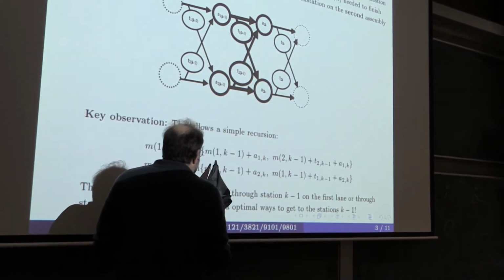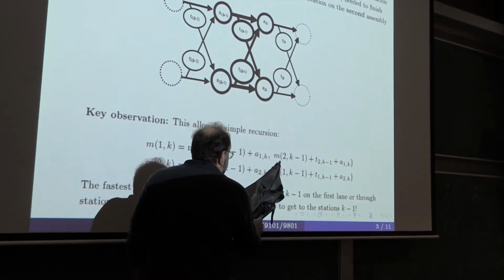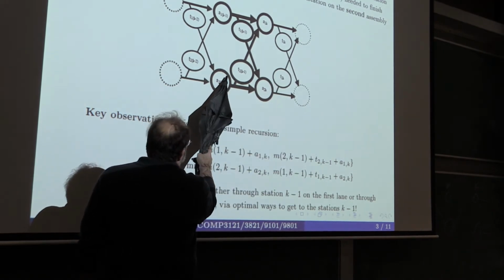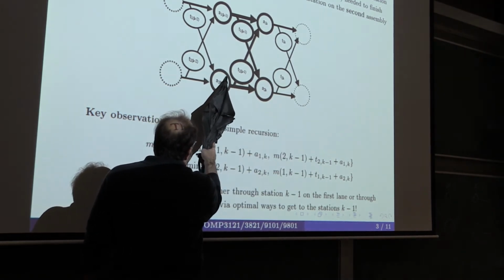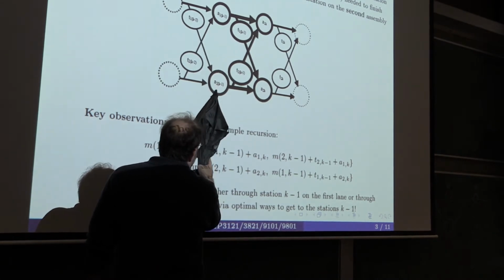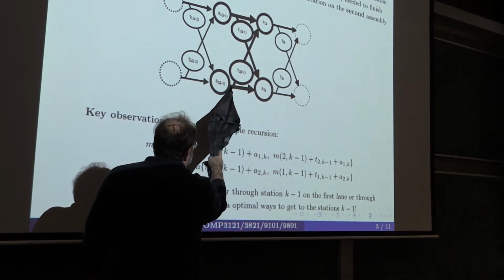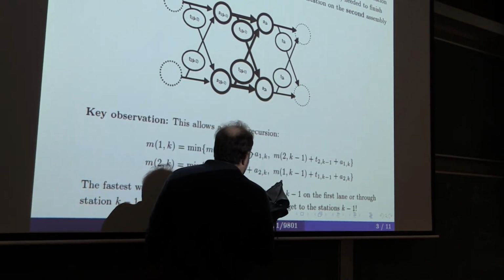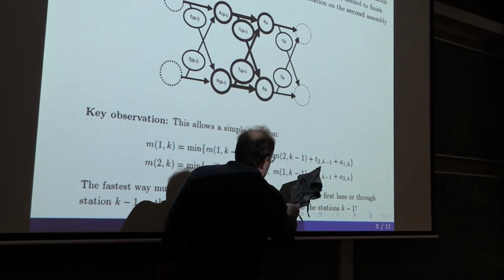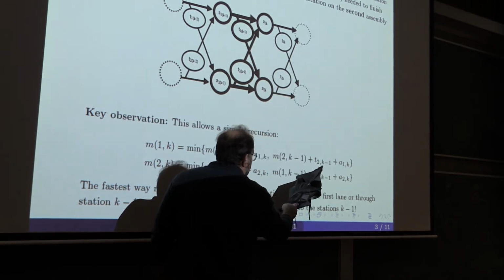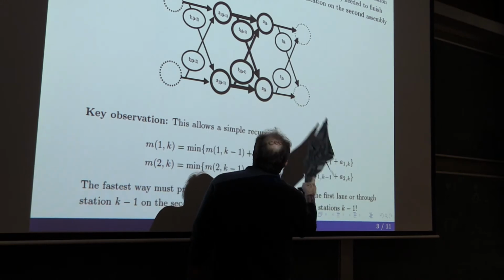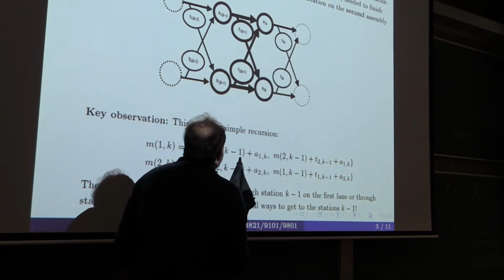And so it will be the min of this and this value here, which is the optimal way to finish the (k-1)th task here, then transport to the first line, right, from the second line to the first line, and then finish the kth task here.